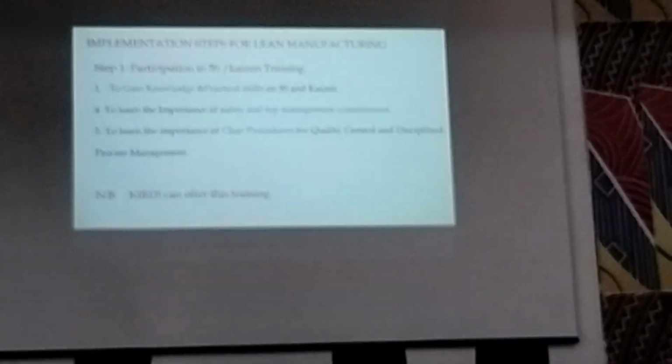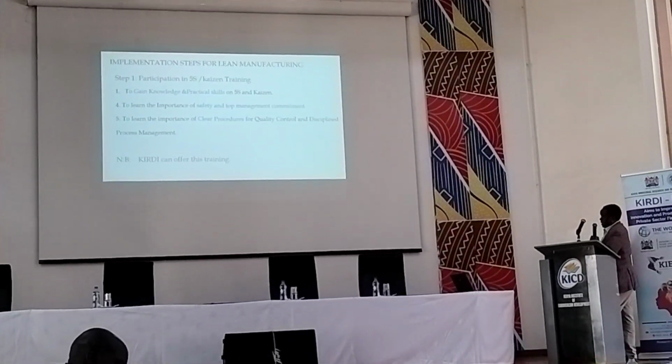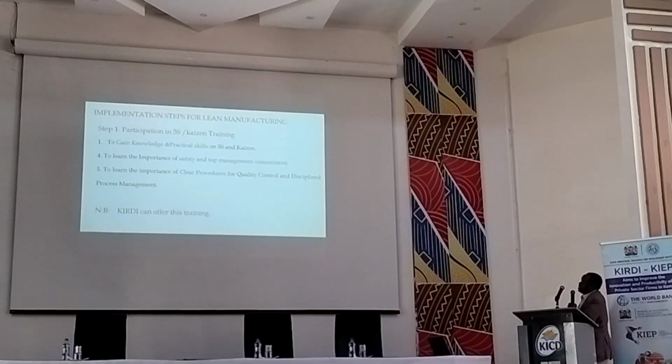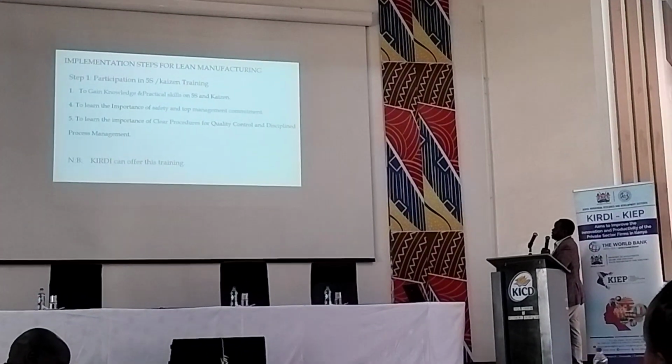So, now having seen the foundation of lean manufacturing, let's look at the implementation steps. The first step for implementing lean manufacturing is to participate in the 5S training. That's very, very important because it's the foundation for this.